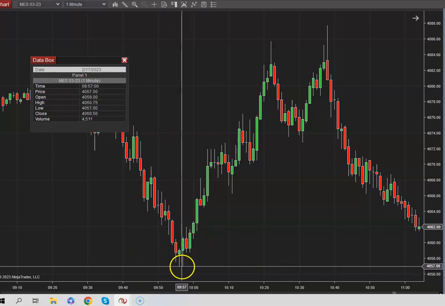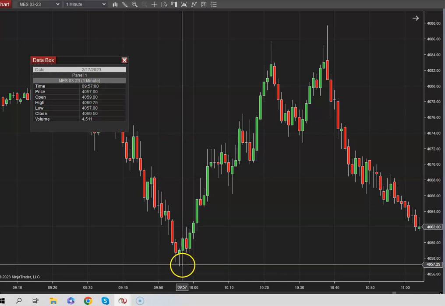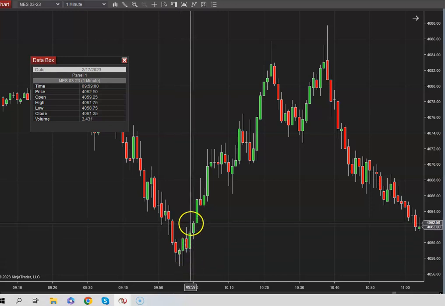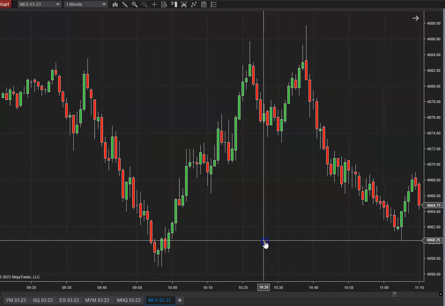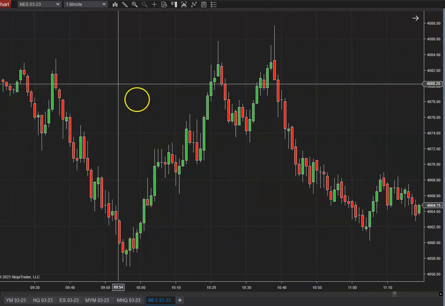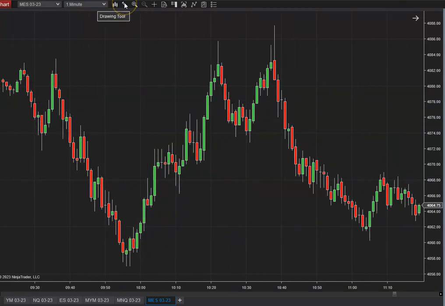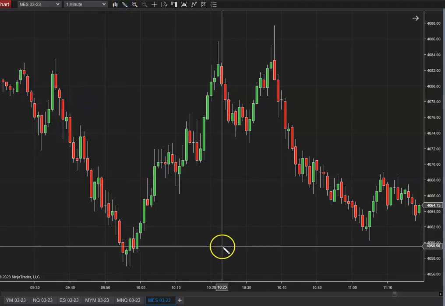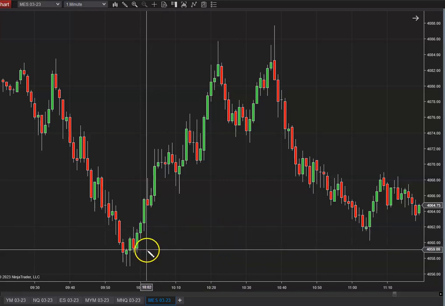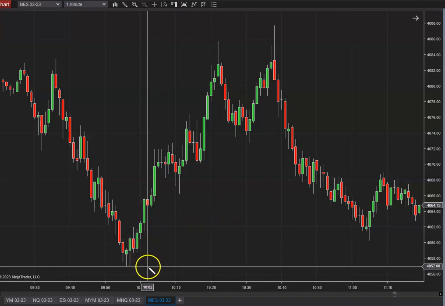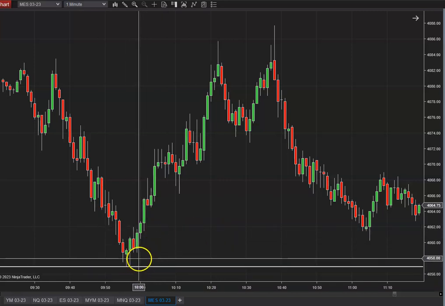So this is the low of the day so far, which was at 9:56 or so. And if we scroll, we're going to put a line here. This is where it needs to get below, right here.